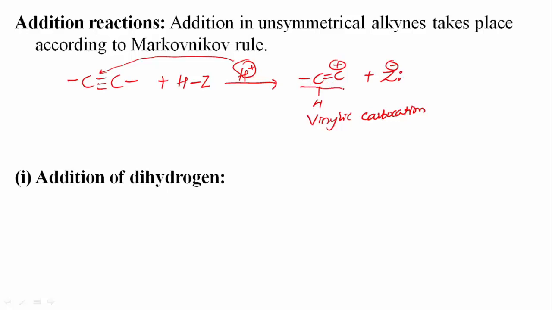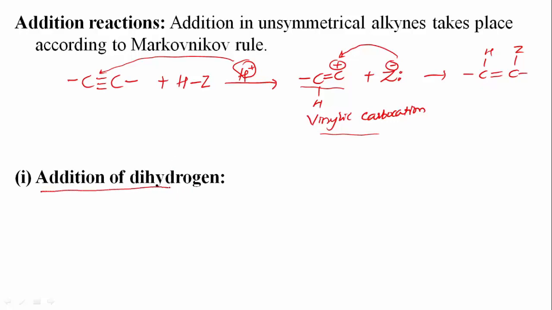If such observations are made, then such a compound is said to be a vinylic compound, and the carbocation is said to be a vinylic carbocation. And again this Z minus will attack this C, thus forming the compound CH double bond CZ. So this is how addition reactions take place according to Markovnikov's rule.